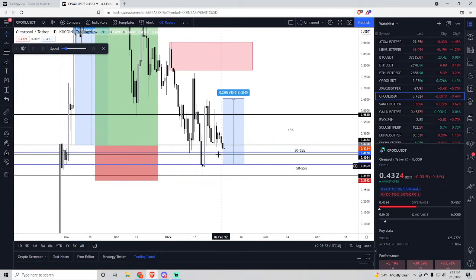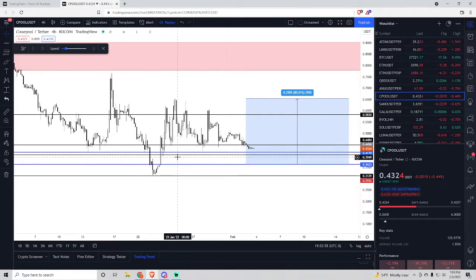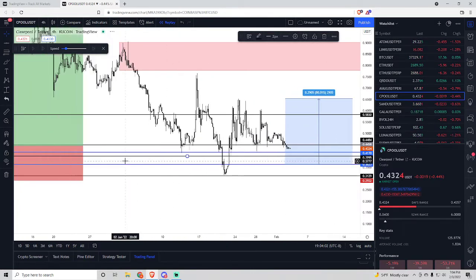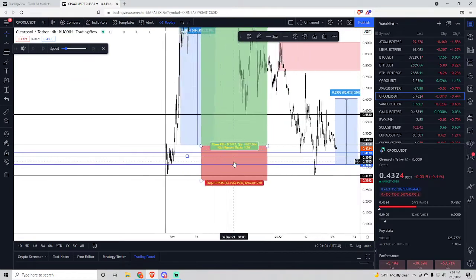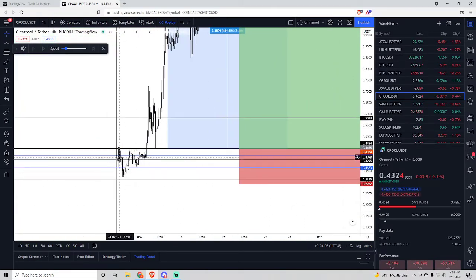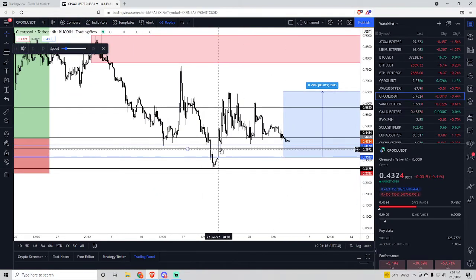It has no data here, so you'll have to go on a 4-hour to find your support. So currently this black line, 0.399, is a decent support, right? Bounce, bounce, bounce. So you'll just be using support lines now.